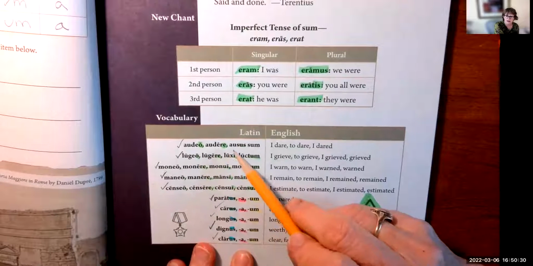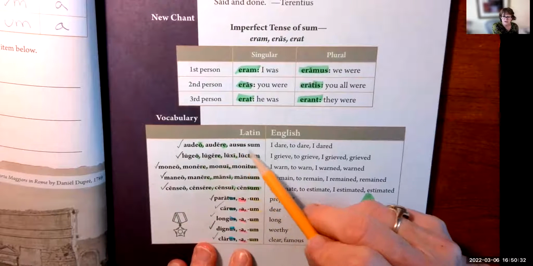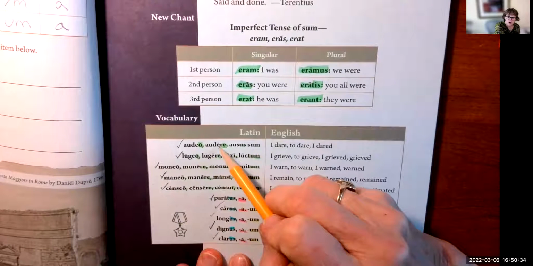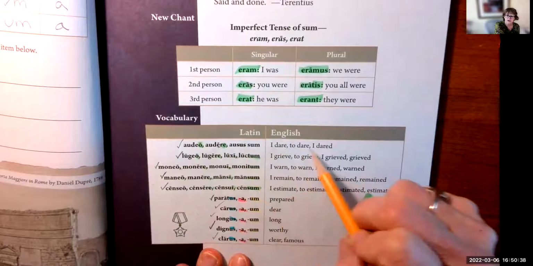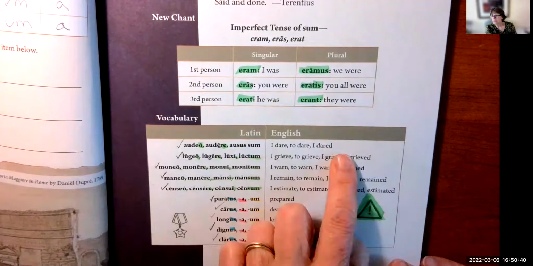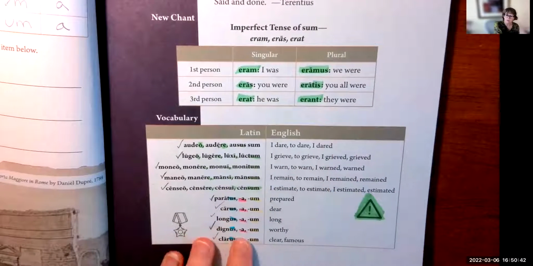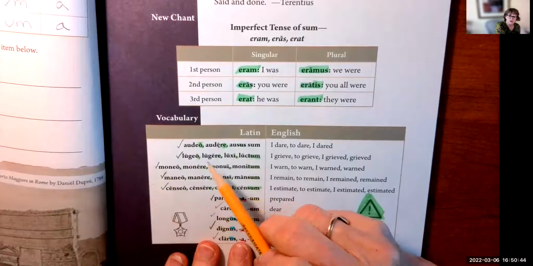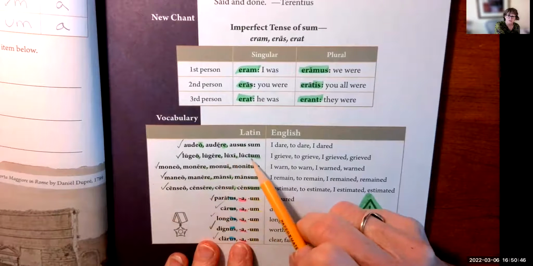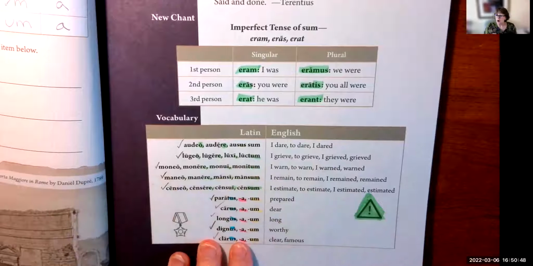Audeo, audere, ausi, ausum. You've got your long ERE there. This is a second conjugation. I dare, to dare, I dared. We only have 3 principal parts, so you only have to memorize 3. Lugeo, lugere, luxi, luctum. Now, they write all 4 principal parts.